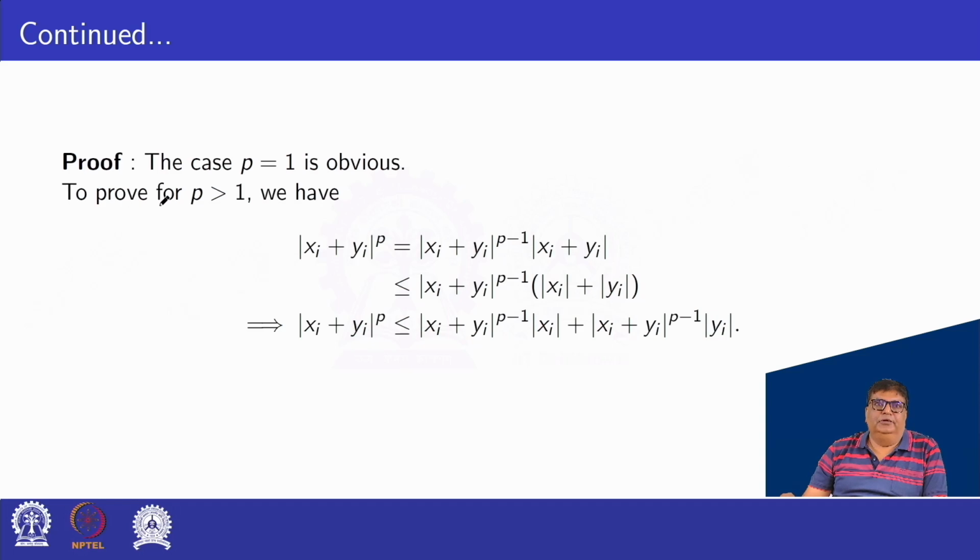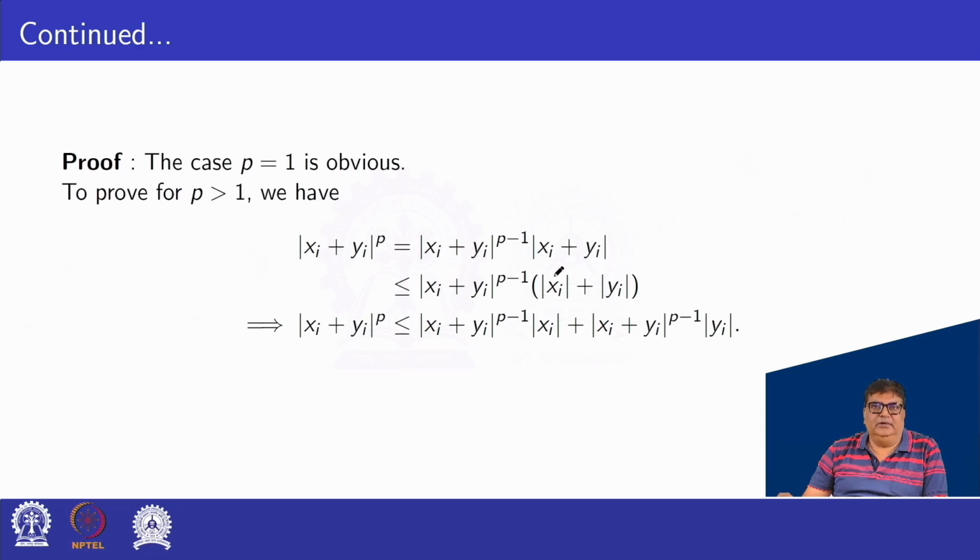To prove it for p greater than 1, we have |xi + yi|^p. This term can be written as |xi + yi|^(p-1) into |xi + yi|.